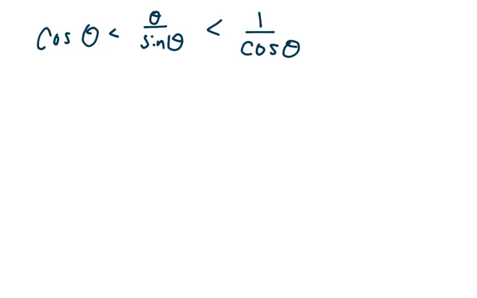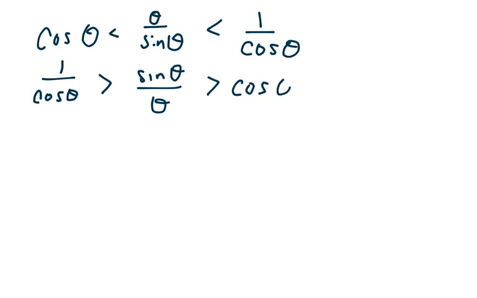And now I have theta over sine theta in the middle, so this is starting to look like we might be using the squeeze theorem, which we are going to. If I simply take the reciprocal of everything and flip the inequalities, I end up with this statement: 1 over cosine theta is greater than sine theta over theta is greater than cosine theta.